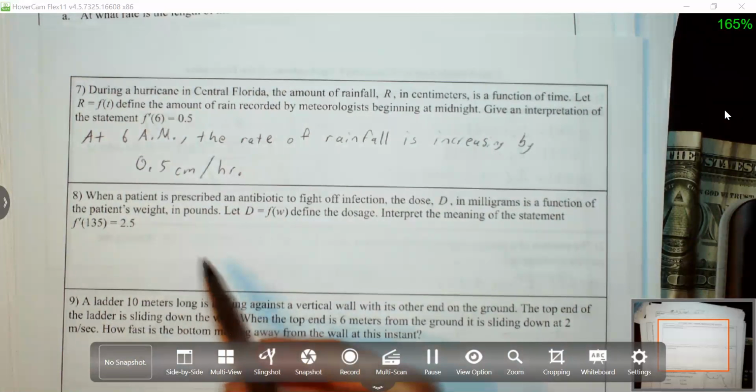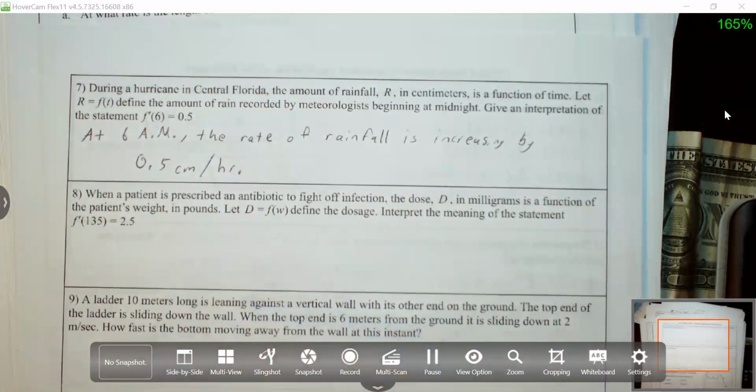Okay, so number 8 doesn't involve time actually. So let's go ahead and do number 8 now. It says when a patient is prescribed an antibiotic to fight off infection, the dose in milligrams is a function of the patient's weight. In pounds, let D equals f of W define the dosage. Interpret the meaning of the statement f prime of 135 is equal to 2.5.